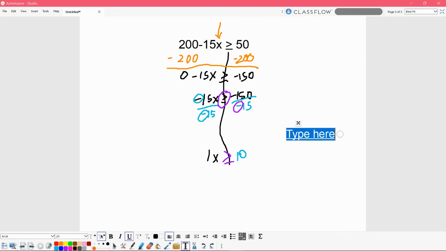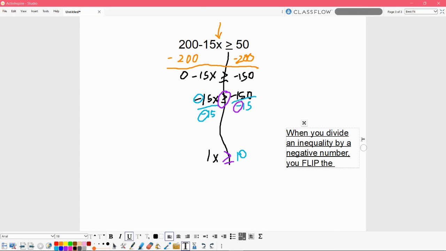And make this a little bit smaller. Okay, so when you divide an inequality by a negative number, you flip the inequality symbol for the final answer.